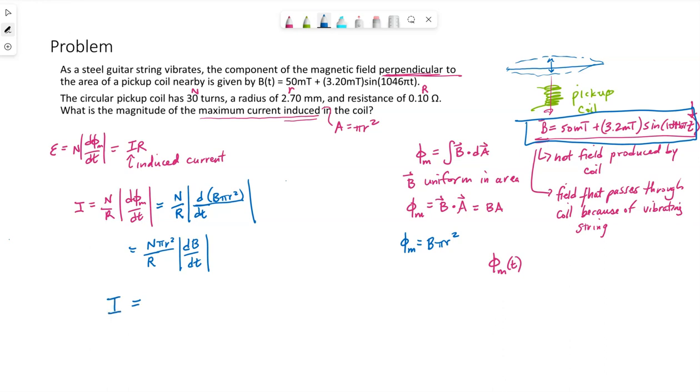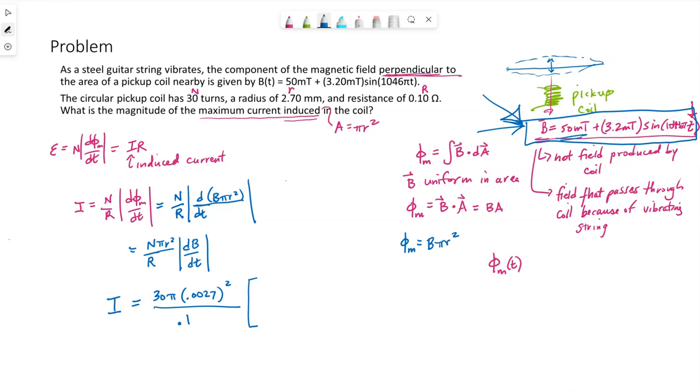So our induced current, we have the number of turns, we have the radius, which I'm going to put in SI units, we have the resistance. I need to take the derivative of our magnetic field equation up here, but specifically the derivative with respect to time.